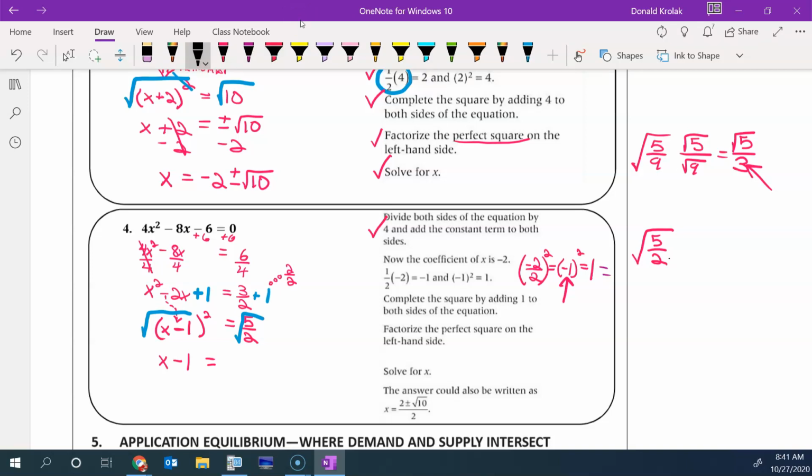So if I took the denominator and multiplied it by 2, it would be a perfect square. So whatever I do to the bottom, I do to the top. And this gives me 10 over 4. And now when I split that, I get root 10 over 2.